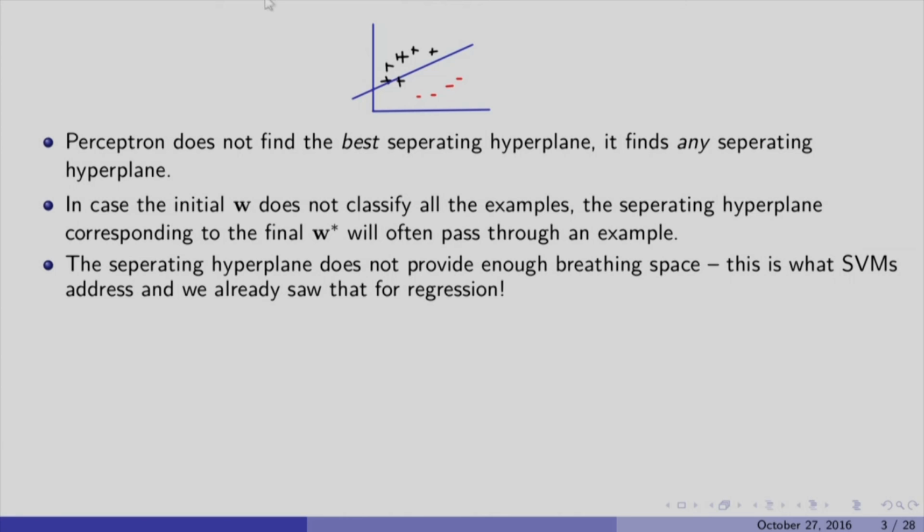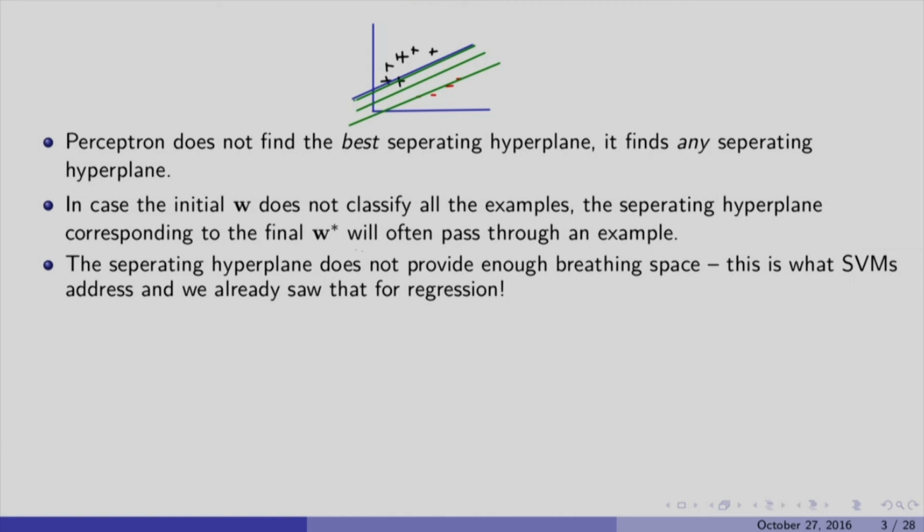So what you really want is a separating surface to have good margin between the points, and this is what you would like. In fact, we are fine having the separating surface in no man's land.